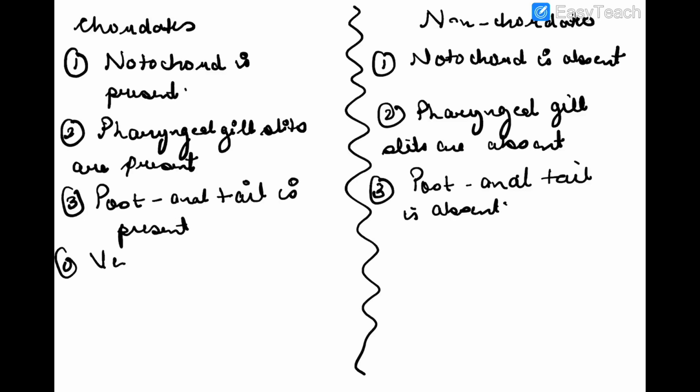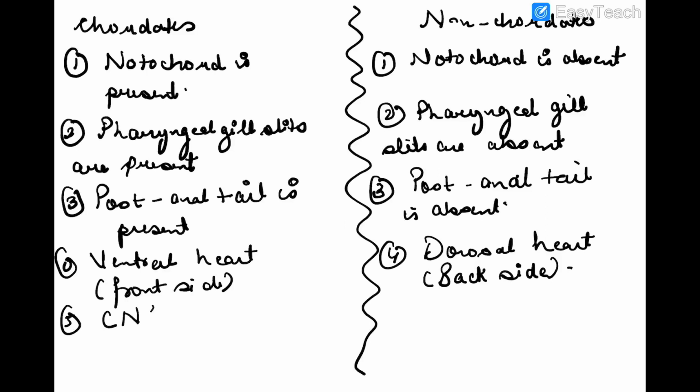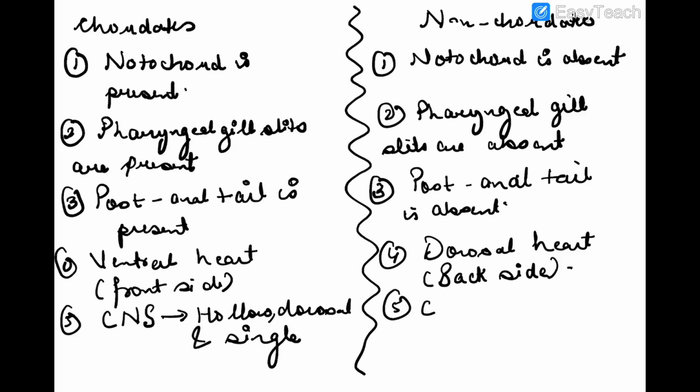Chordates have a ventral heart, meaning the heart is present on the front side, whereas non-chordates have a dorsal heart, which means the heart is present on the back side. In chordates, the central nervous system, that is CNS, is hollow, dorsal, and single, whereas in non-chordates the central nervous system is ventral, solid, and double.